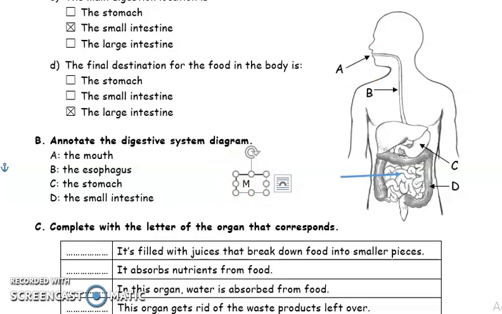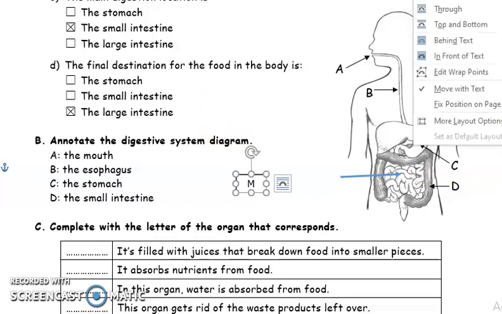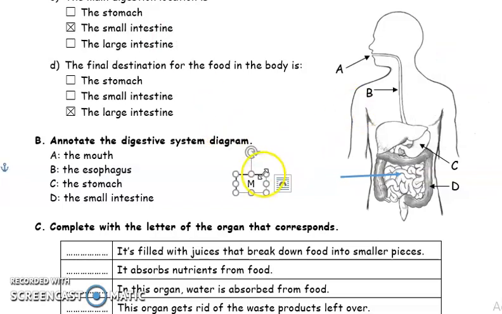You don't need to do that, but I will need this letter in the next question. So M is the small intestine. Okay, so sorry, D is the large intestine, M is the small intestine.